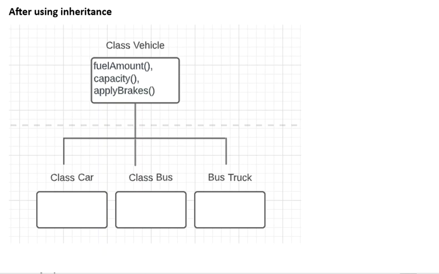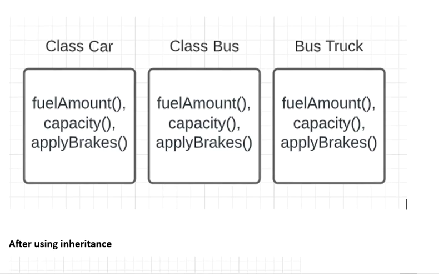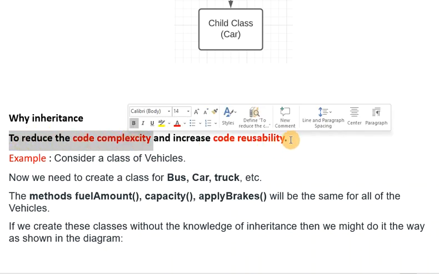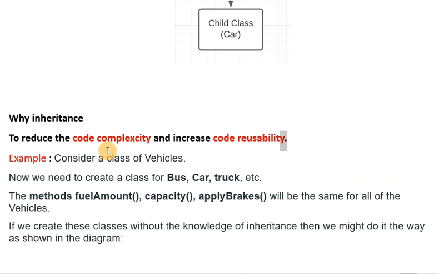So, guys, I hope it is clear how we can justify this line: to reduce the code complexity and to increase the code reusability, we use the concept called inheritance. This is the most common feature of object oriented programming languages, and it is also supported by Python, because we know Python is an object oriented programming language.